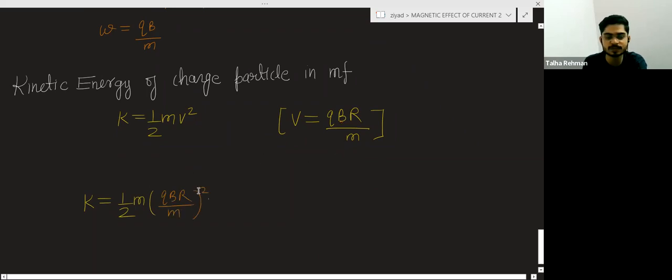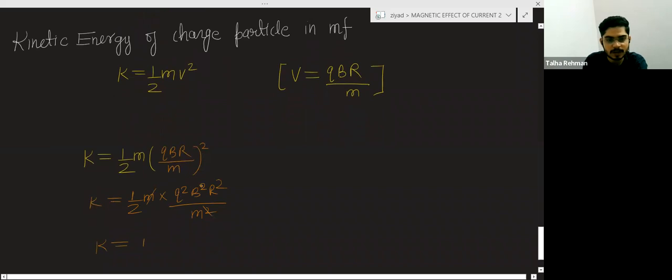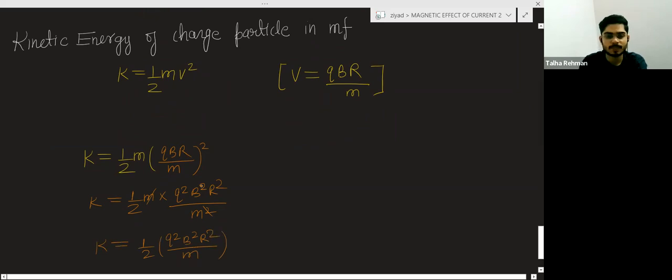So you will get half m into q square B square r square divided by m square, and from here m and m will be cancelled out. So finally you have the kinetic energy: half of q square B square r square divided by m. This is the formula for the kinetic energy.